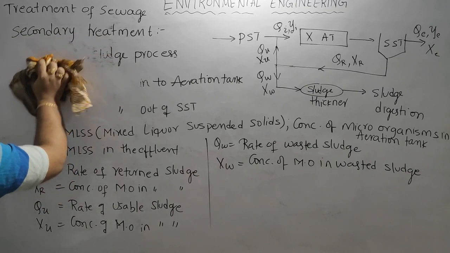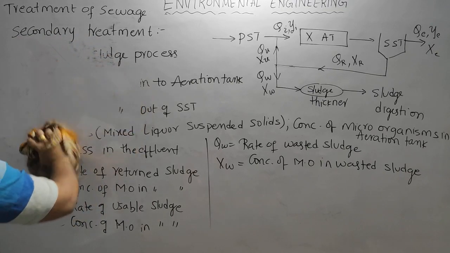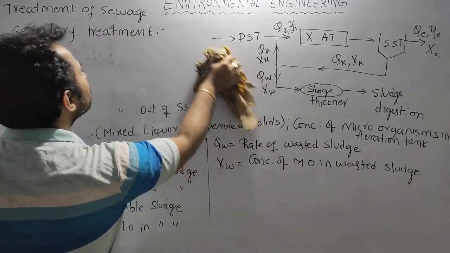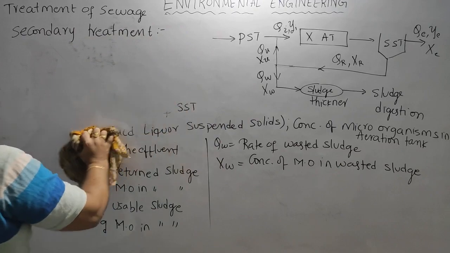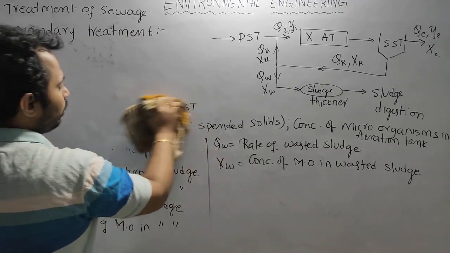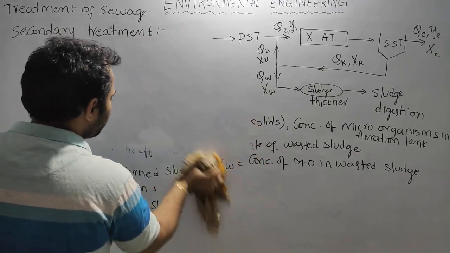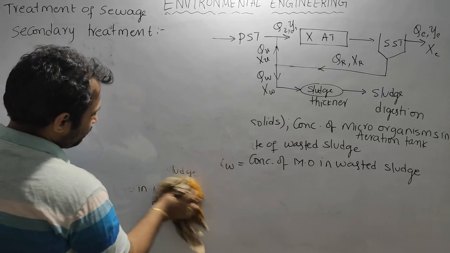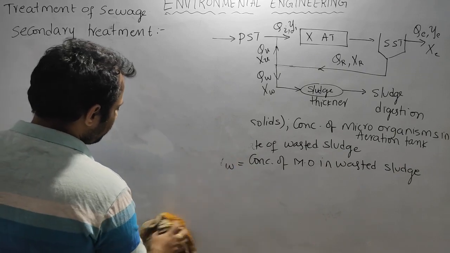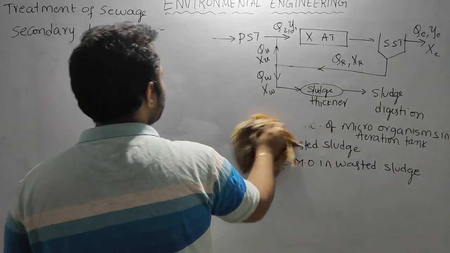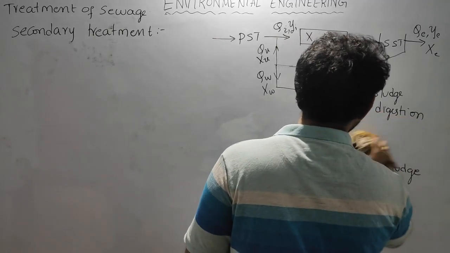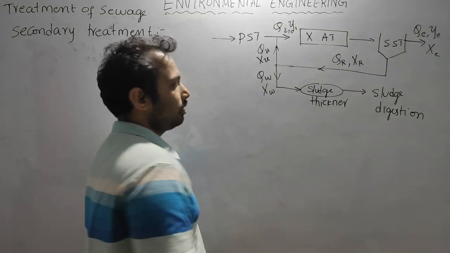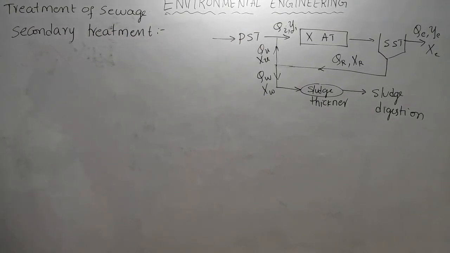Using these parameters, we will understand how the activated sludge process will work, and what are the different design parameters. From these parameters we define some more parameters by which we can understand the working of the activated sludge process treatment.